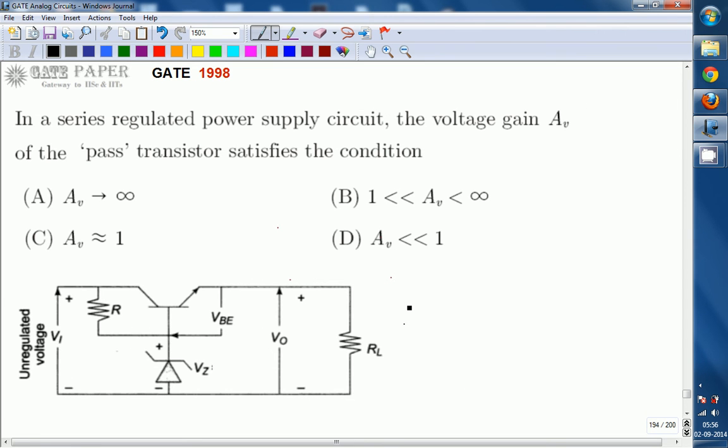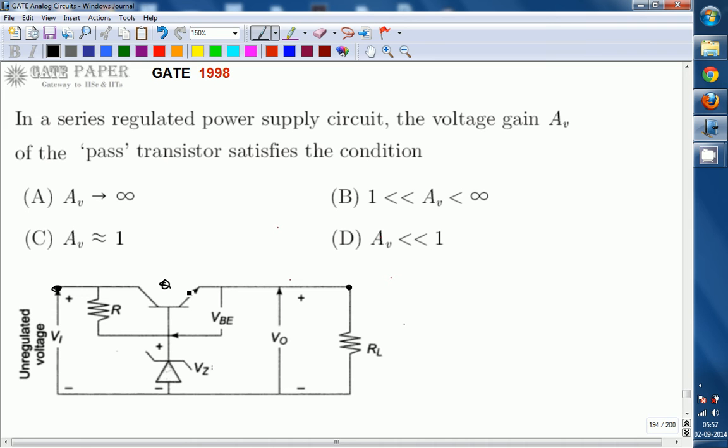You apply an unregulated voltage as input, and V0 is the regulated output, with the help of a Zener diode and a transistor Q, which is called the pass transistor. The transistor Q is connected in series with the unregulated input voltage and regulated output voltage, so this is called a series regulated power supply.